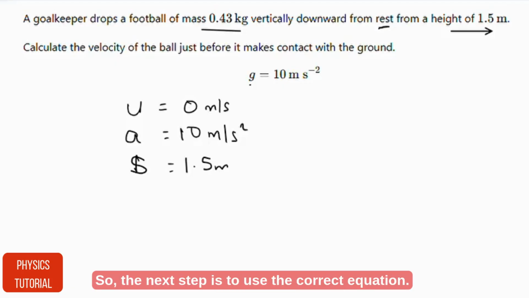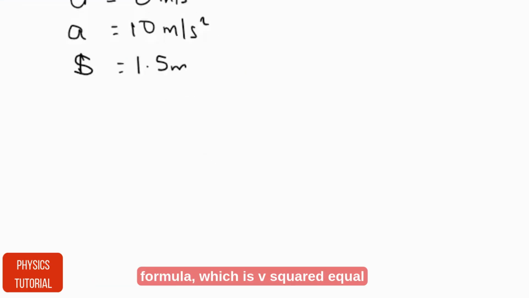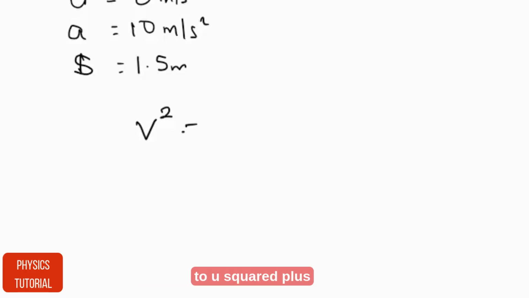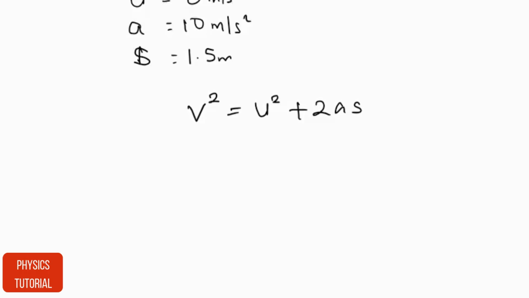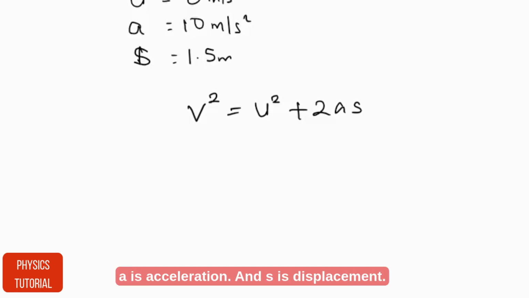So the next step is to use the correct equation. For this, we use the kinematic equation formula, which is v squared equal to u squared plus 2as. Now v is the final velocity, u is the initial velocity, a is acceleration, and s is displacement.